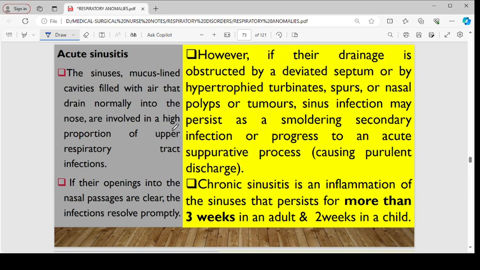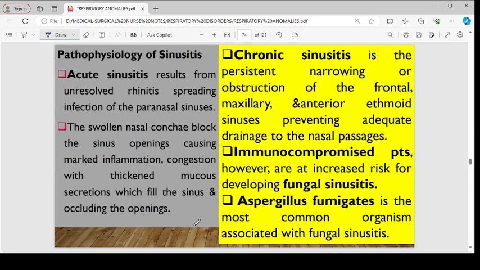However, if the drainage is obstructed by a deviated septum, a hypertrophied turbinate, spurs, nasal polyps or tumors, nasal infection may persist as a smoldering secondary infection or progress to an acute suppurative infection causing a purulent discharge. As for chronic sinusitis, the inflammation of the sinuses will persist for more than 3 weeks in an adult or 2 weeks in a child.